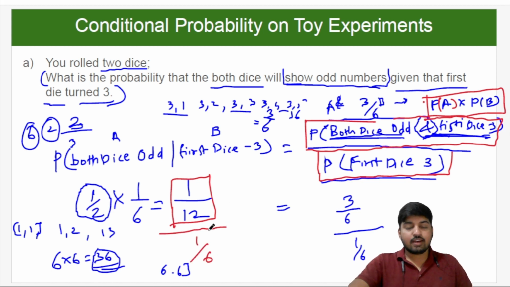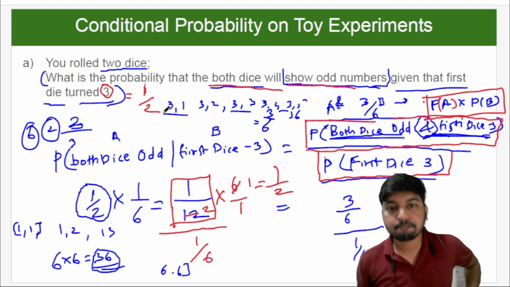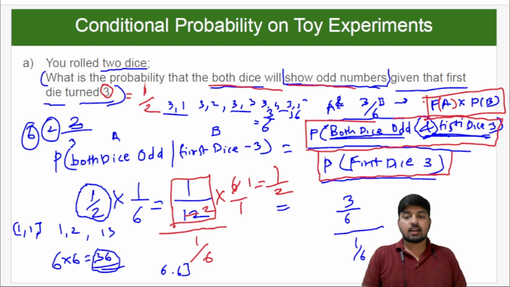So dividing is just inverse multiplication: 1 by 12 into 6 divided by 1, which comes to 6 twos are 12, so it will turn out to 1 by 2. So the probability that both dice will show odd numbers given that the first die turned 3 is equal to 1 by 2. Okay, is everyone clear or having some doubts?